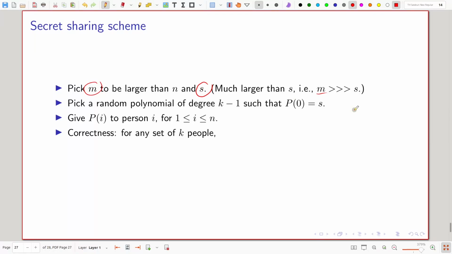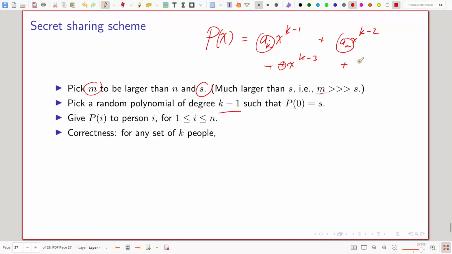And then we would pick a random polynomial of degree k minus 1, because we want k people to be able to recover the polynomial. Okay, and we want this polynomial to be such that P(0) is S. So the polynomial P(x) is going to be of degree k minus 1, so it's going to be a_{k-1} x^{k-1} + a_{k-2} x^{k-2} + and so on, where these should be random numbers.